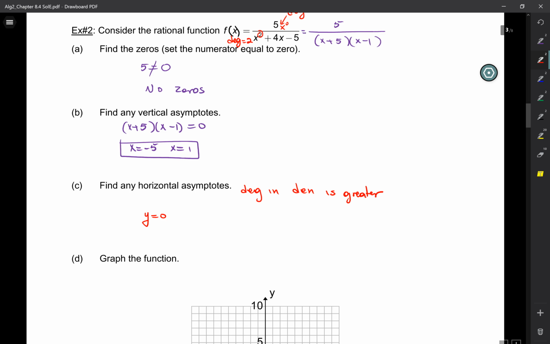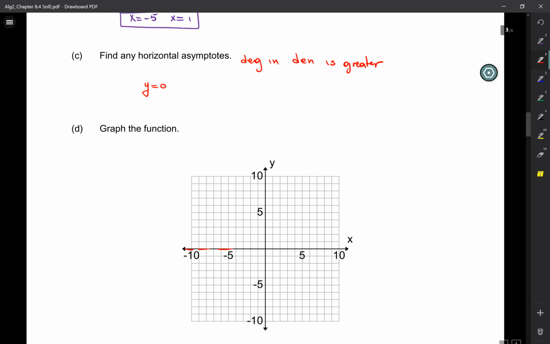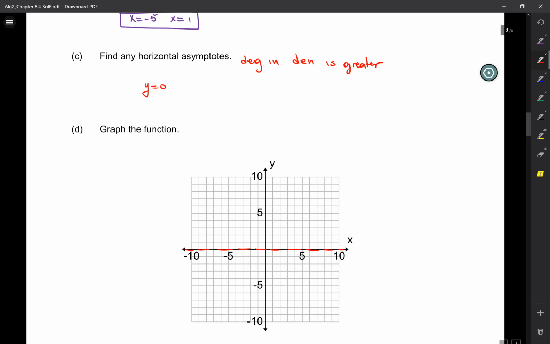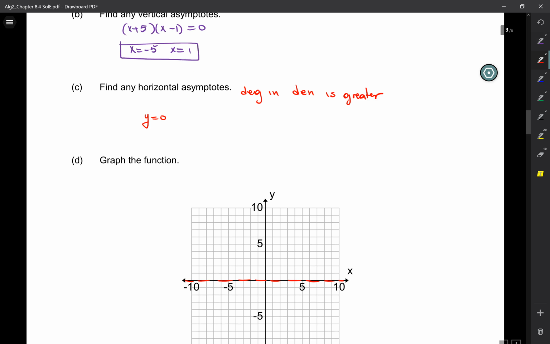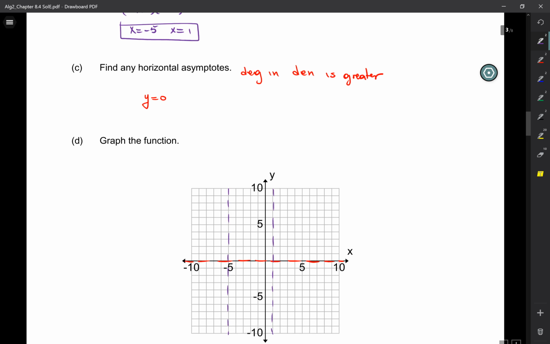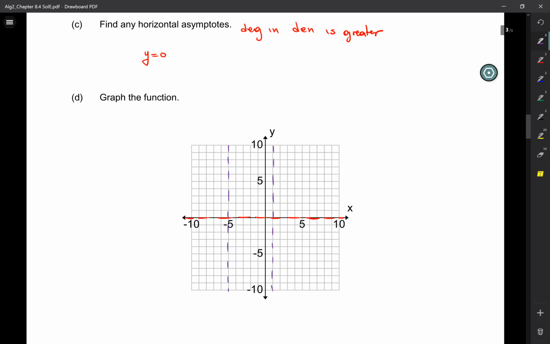Okay, so I have y equals 0 as a horizontal asymptote, and my vertical ones are x equals -5 and x equals 1. And there are no zeros. Okay? That means this does not cross the x-axis at all.